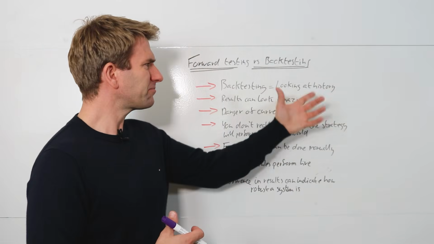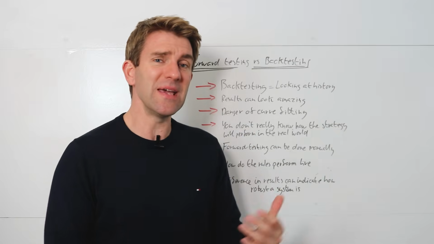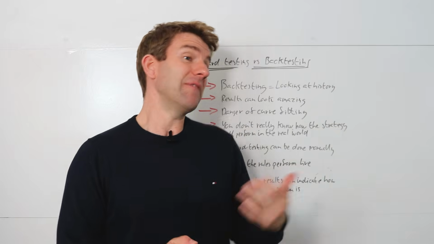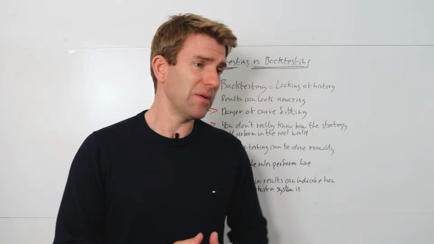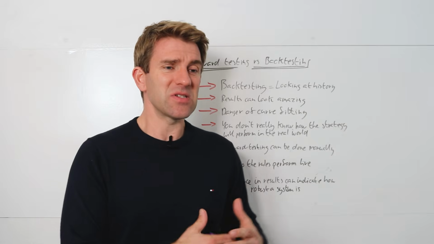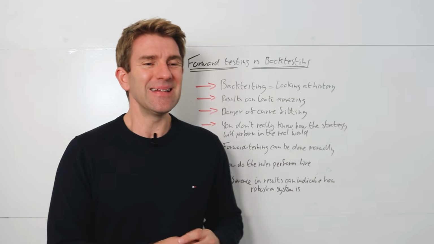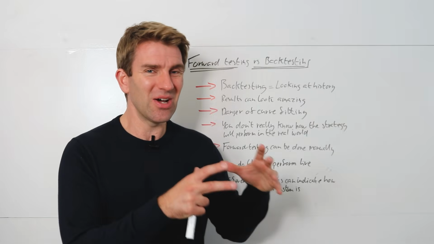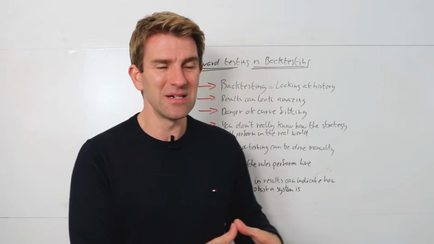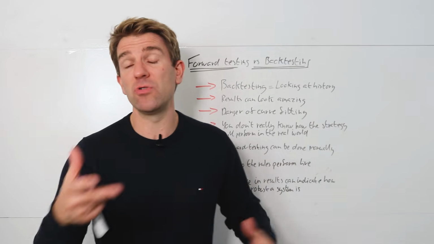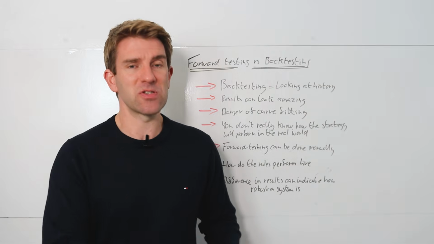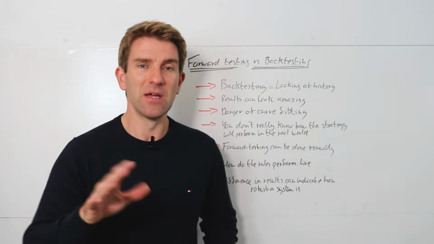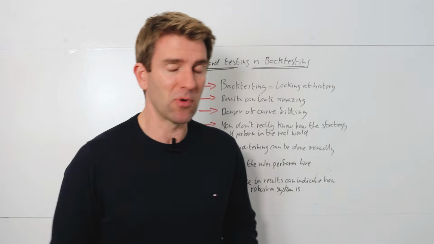Your results can look amazing, and something that I've done out of curiosity with this developer is, okay, what if we did this? And, oh, it looks really great. And then you look at it and go, oh yeah, but that really is just trying to curve fit it to the data that's presented. And everyone who's into algorithmic trading knows that's a big no-no. Curve fitting is a big no-no, and you can fall into that trap quite easily.